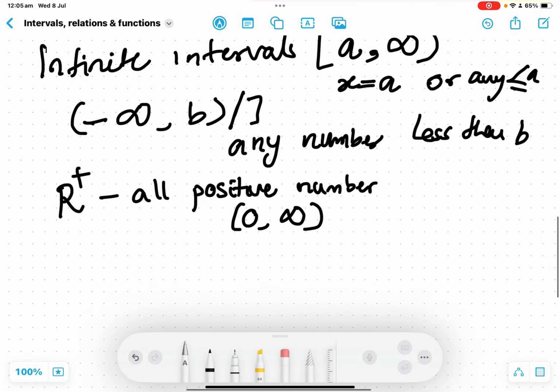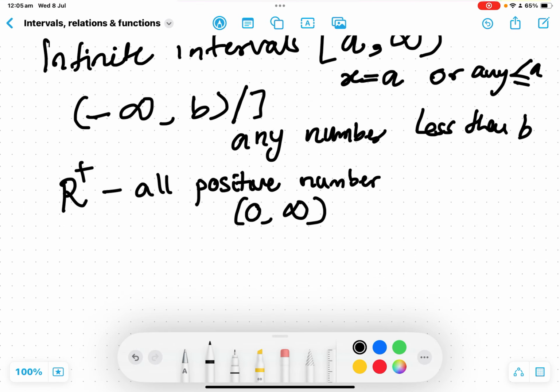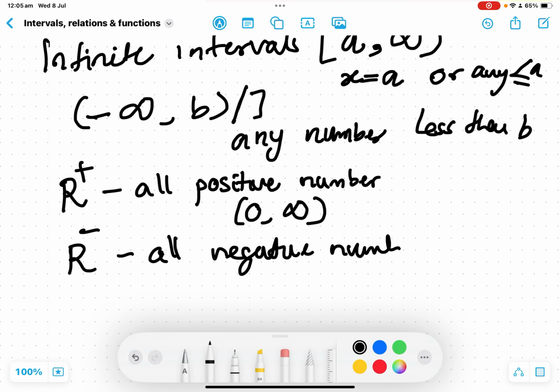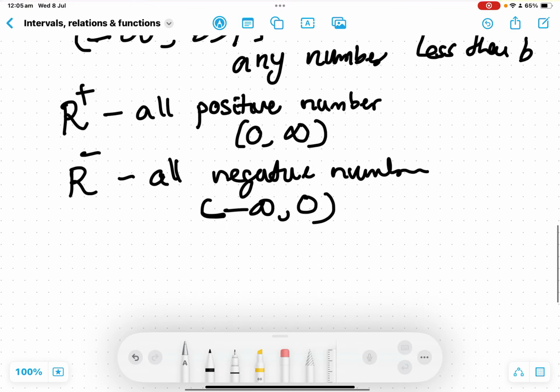And the other one is all negative numbers. If I show this as an interval, it would be negative infinity to 0. Both are open brackets or round brackets.